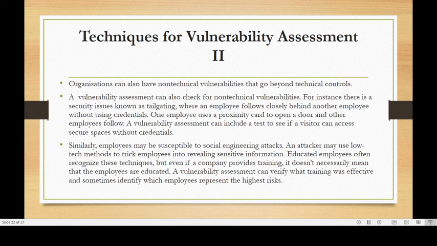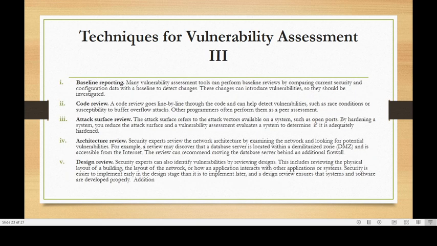Tailgating, for instance. We've got employees that follow co-workers to access passwords, and trick other staff. Other than the mentioned techniques, assessment can be done through baseline reporting, code review, attack surface review, architecture review, and design review.